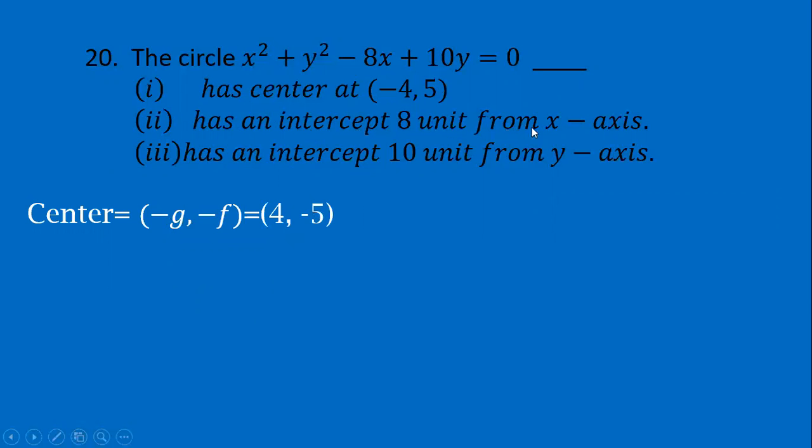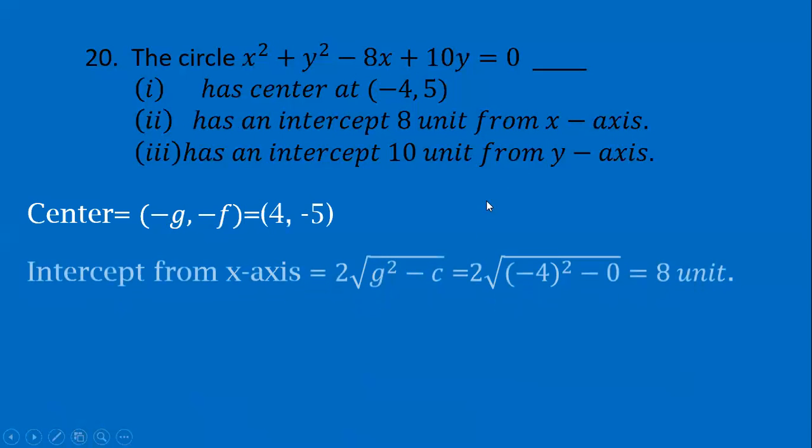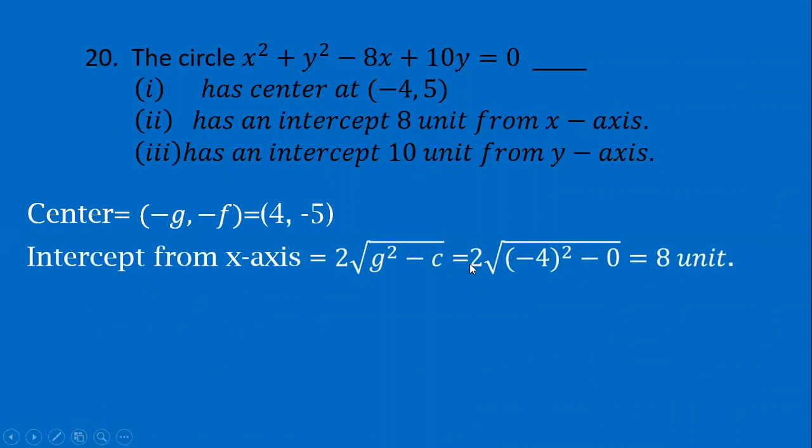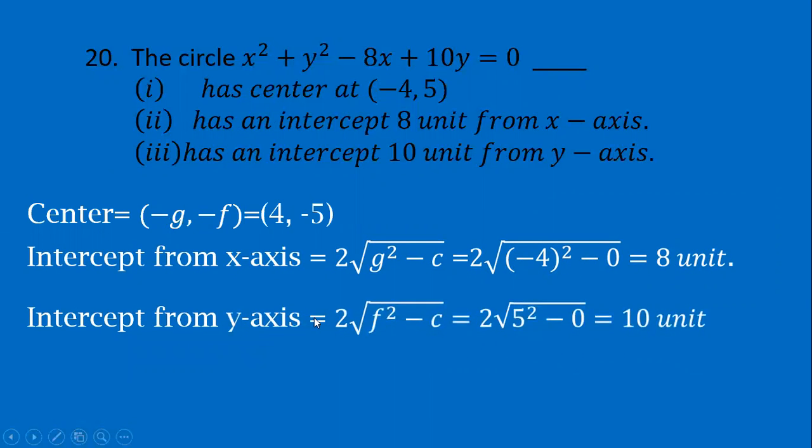The intercept on the x-axis is 2 times the square root of g² - c. So this option is correct. Then the intercept on the y-axis is 2 times the square root of f² - c, where f is 5 and c is equal to 0, so it is 10 units. So options 2 and 3 are correct and the first option is wrong.